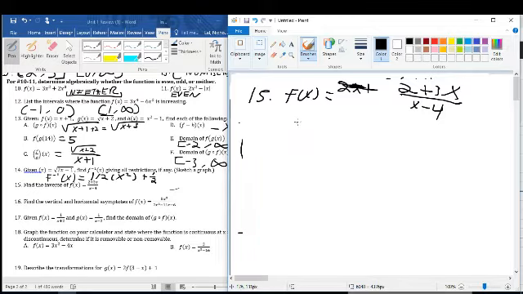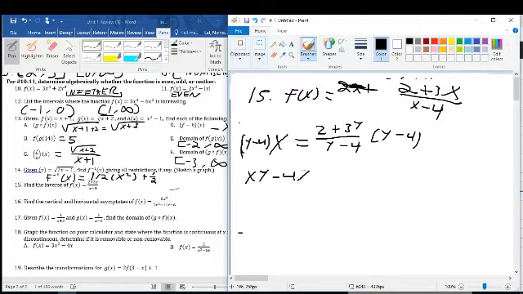So what that means is that x is equal to 2 plus 3y over y minus 4. Multiply each side by y minus 4, you'll have xy minus 4x is equal to 2 plus 3y.